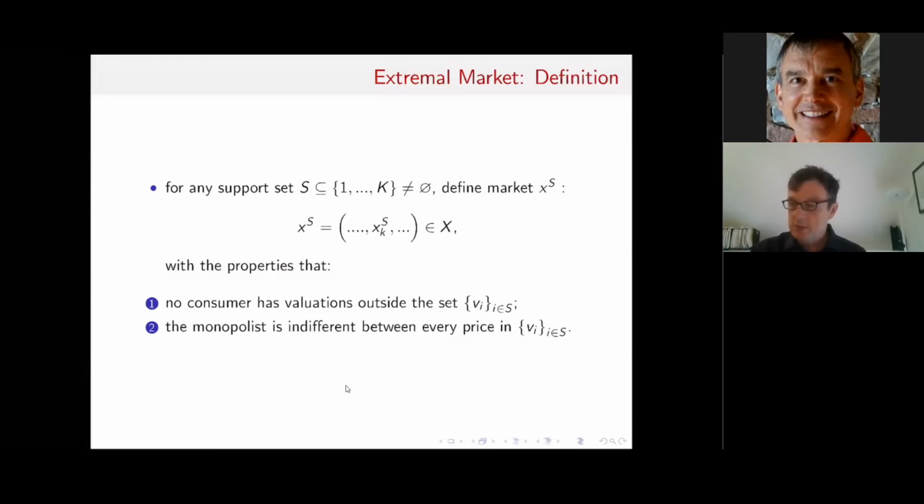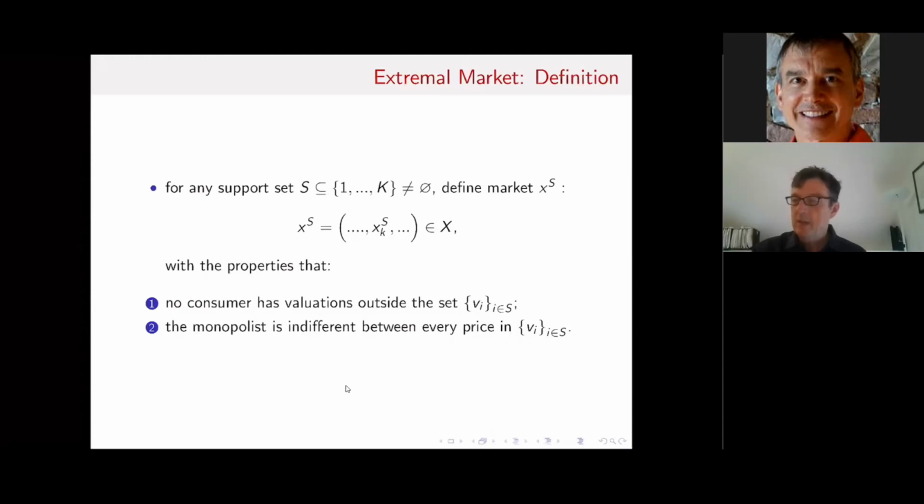For any support set now, capital S, we're going to define a particular market, X superscript S, as the market which has the features that no consumers has valuations outside the set S. Okay. So all probabilities outside of S are 0.